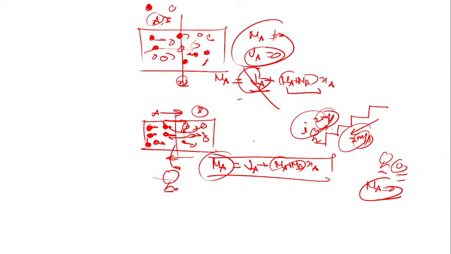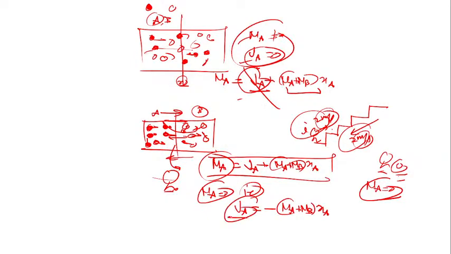So Na can be 0. So Na is 0 doesn't mean that J is 0. Are you getting the point? Just like here, J is 0 doesn't mean that Na is 0. Here, if Na equal to 0, it means J is equal to minus of (Na plus Nb) into Xa.